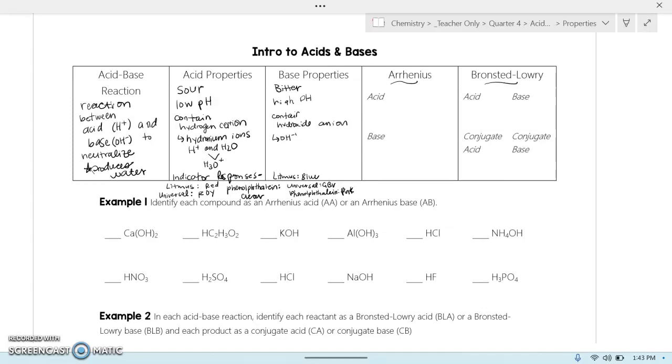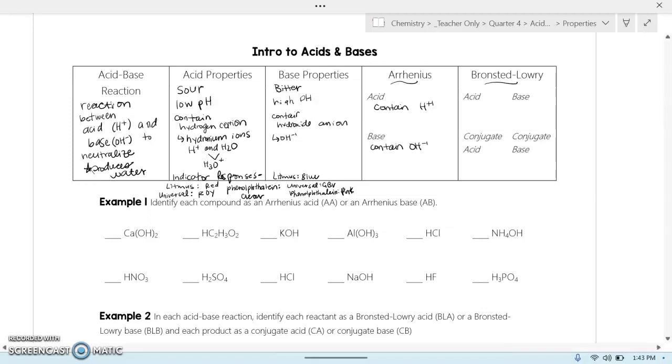So we have two different scientists who have defined acids and bases, and the most basic definition that we've already discussed is called the Arrhenius definition, that acids have the H cation and bases contain the OH anion.